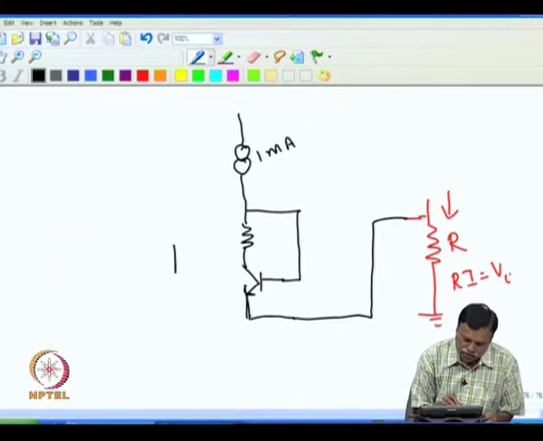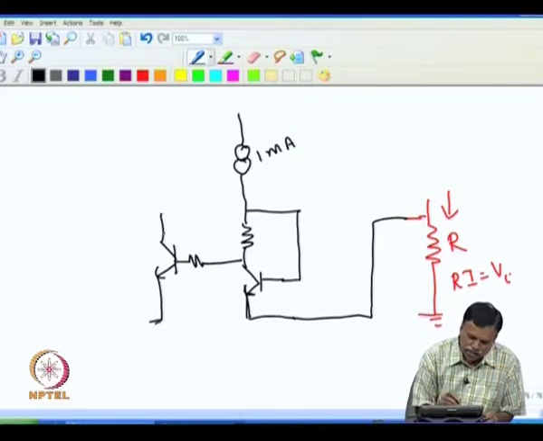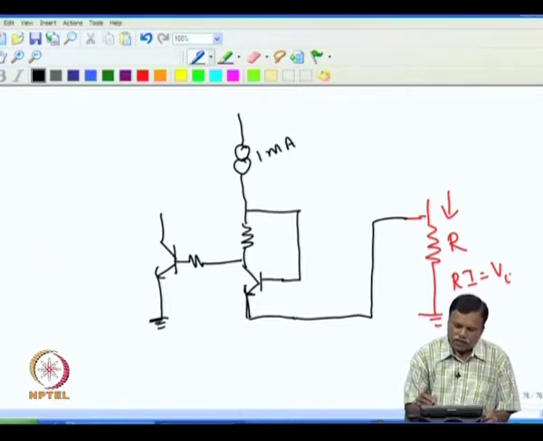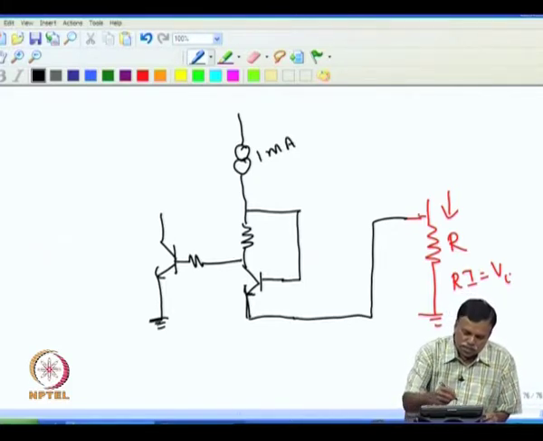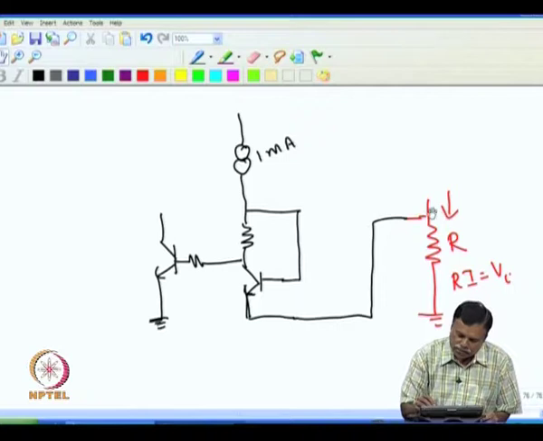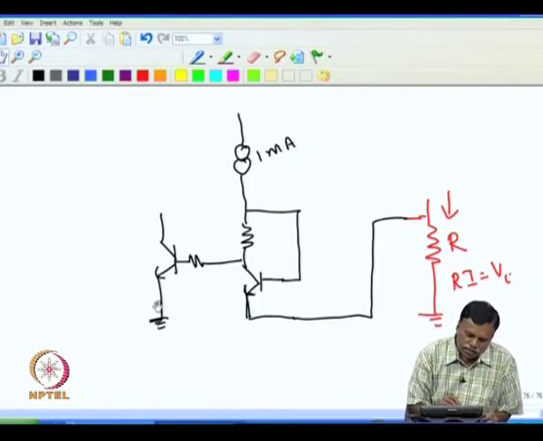Then assume that another transistor, this is the transistor which is to be switched off, so I connect this here. Now, this is maybe a relay, or it can be any other load. It is immaterial. All that we want is, if the current flowing through this is more than a particular amount, we want to switch on this transistor. That is our aim.